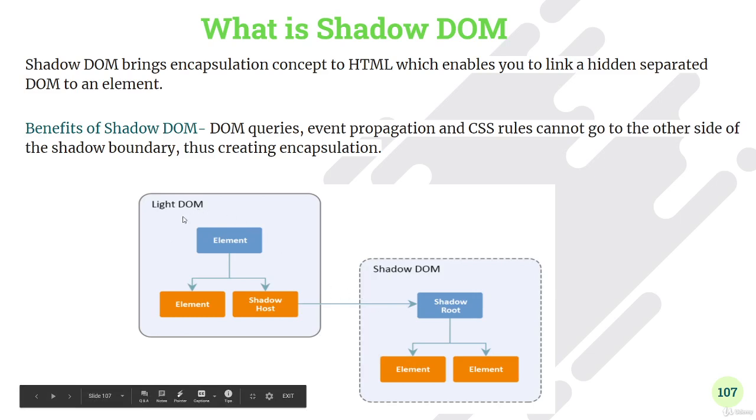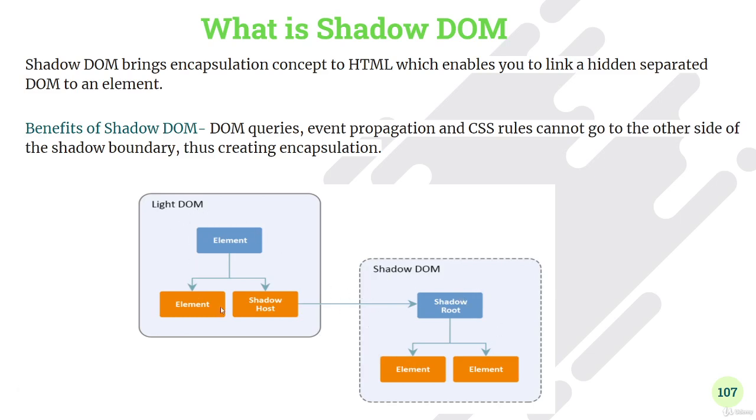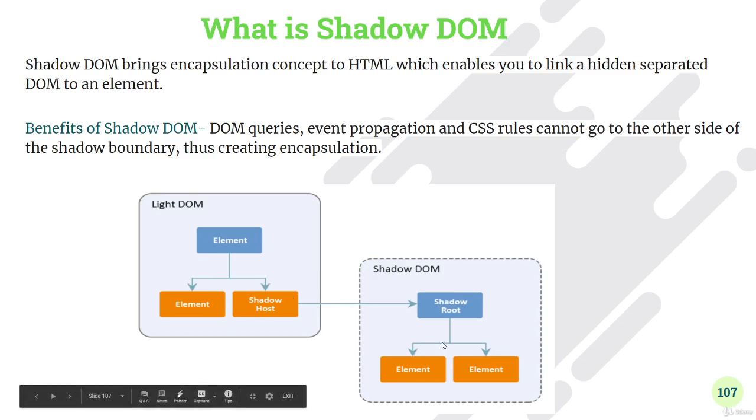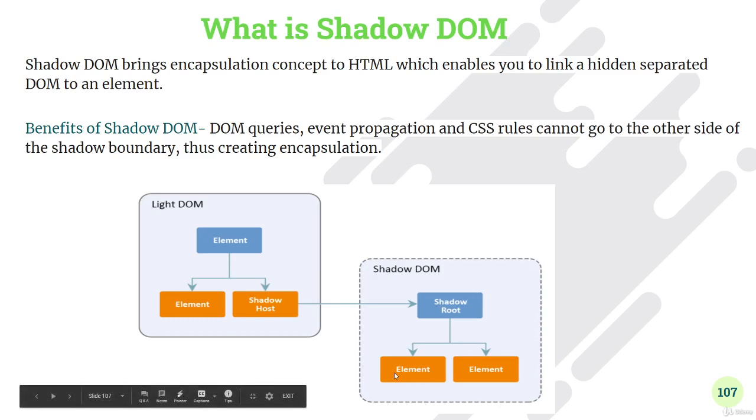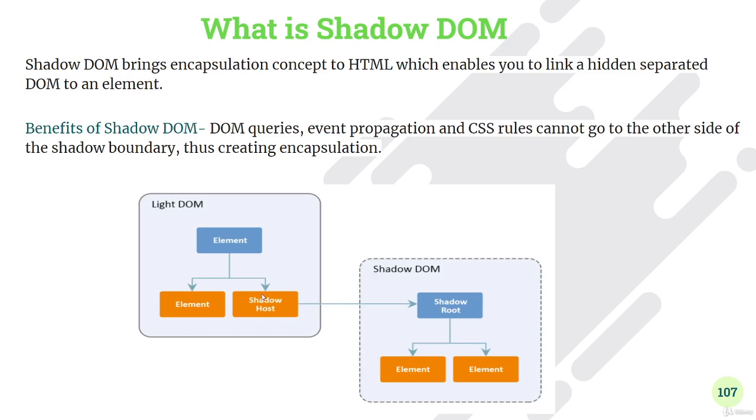If I want to access any element of the child from the parent, because of shadow DOM, I can't access that directly. I can't allow my event to flow from child to parent automatically. There are ways to achieve that, but by default it will not work because of the shadow boundary, or the shadow DOM.